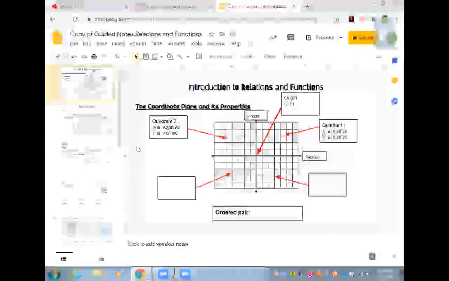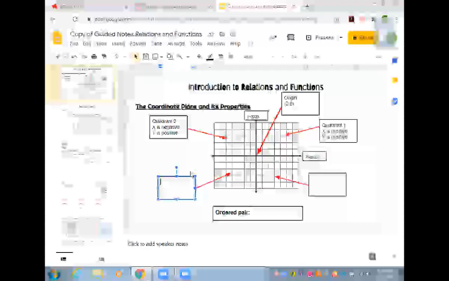All right, then where do we go for quadrant 3? Bottom left, right here. This is quadrant 3. And in quadrant 3, both are negative. X is negative and Y is negative.